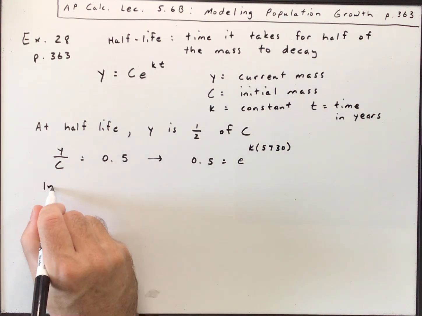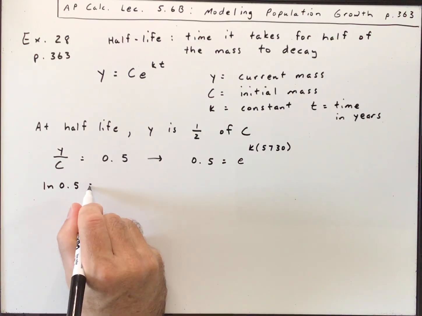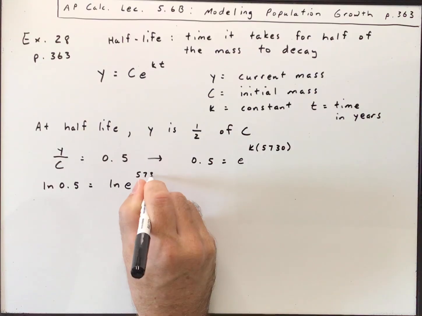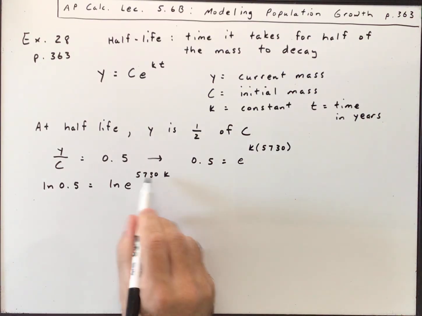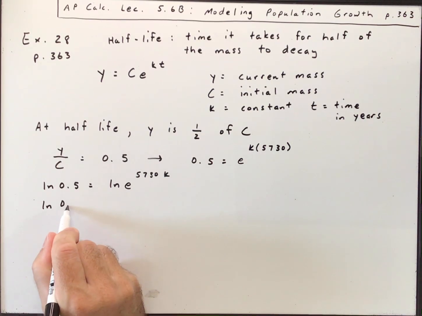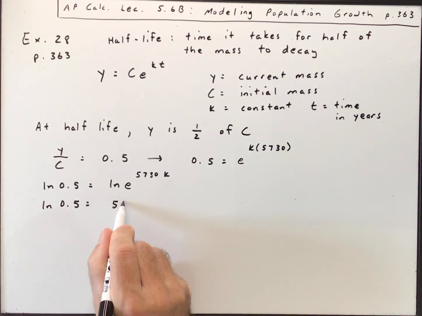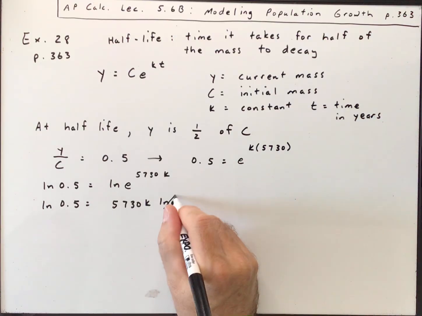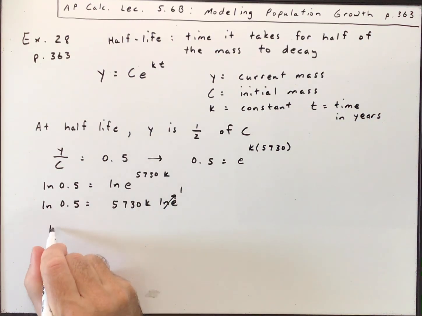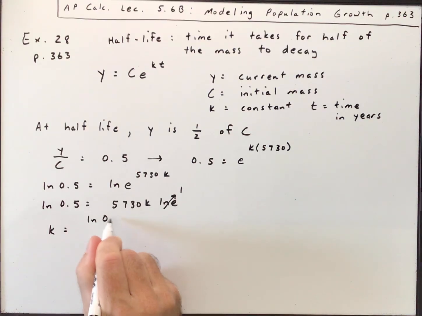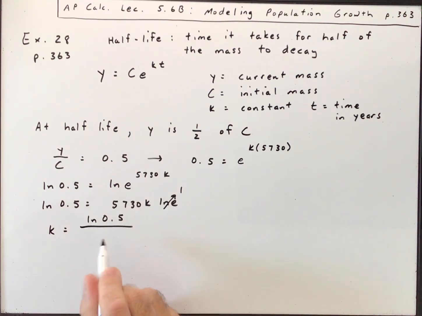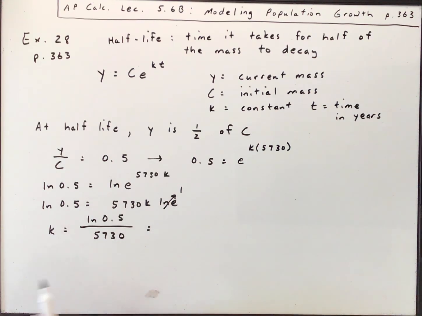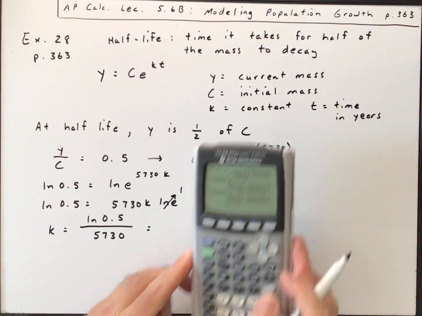So we'll take the natural log of each side. Now I can bring that 5730K out front using properties of logs. So that's just 1. So K is the natural log of 0.5 divided by 5,730. All right.